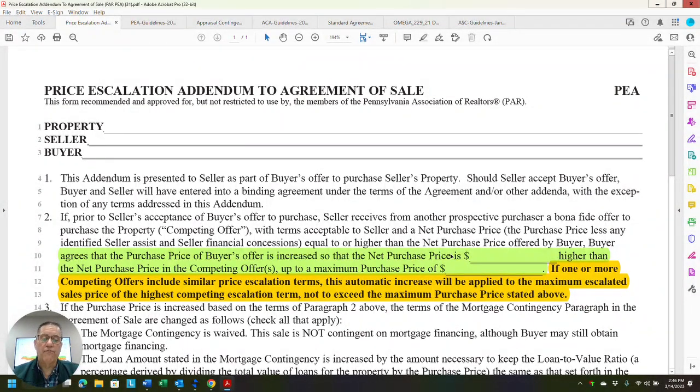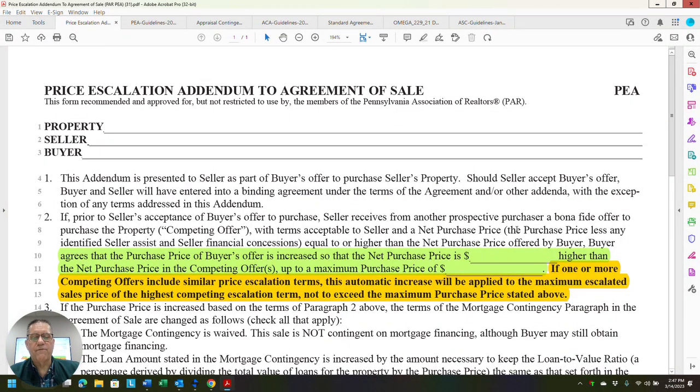So if I have one offer at $200,000 with $5,000 seller assist, and another offer at $200,000 with no seller assist, the net purchase price for the second offer is $200,000, the same as the purchase price. But on the first offer, the net purchase price is actually $195,000 because the seller is giving a $5,000 seller assist.